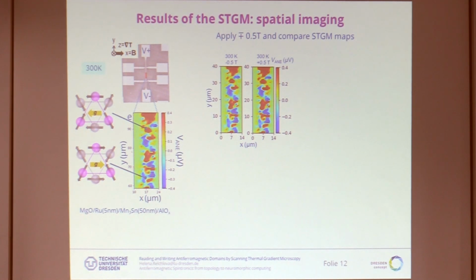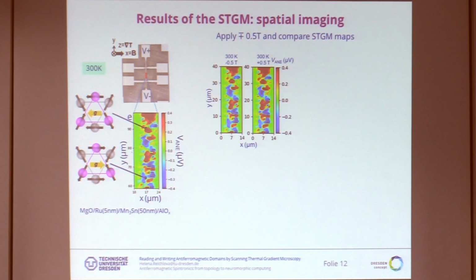On the other hand, we thought, okay, thin film, there is some strain from the substrate. It's always a slightly different story when one has a thin film. So we were just repeating this scanning with the magnetic field plus minus half Tesla, and we could not see any difference. But we thought, let's not give up. It's a thin film, so the properties might be different. Let's try to go towards the Néel temperature and see if the lowering anisotropy helps.